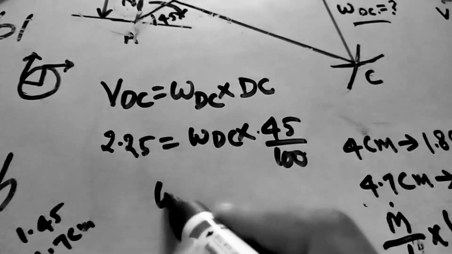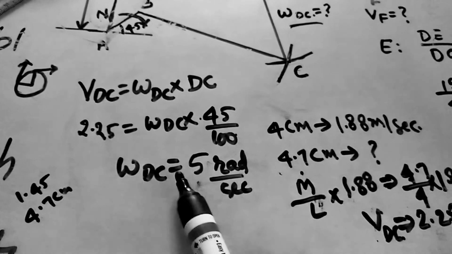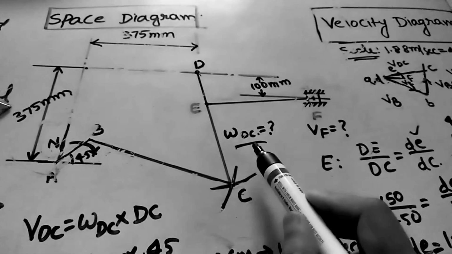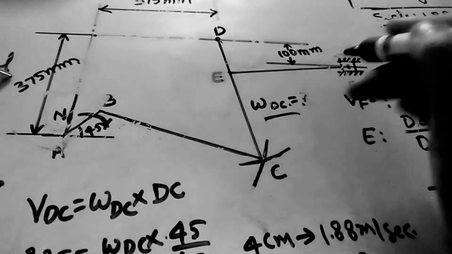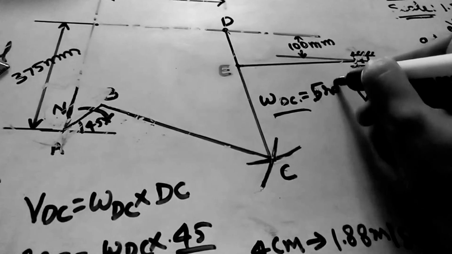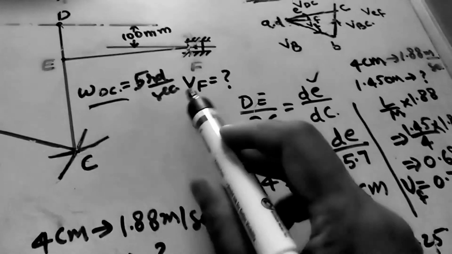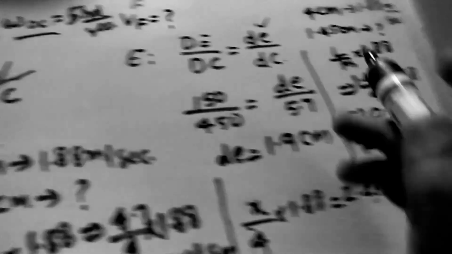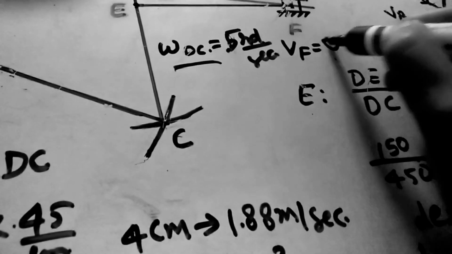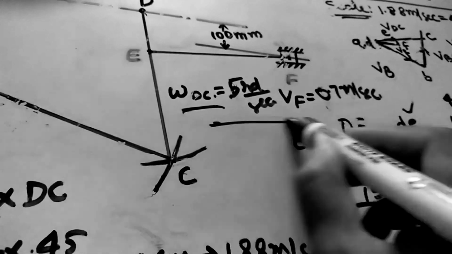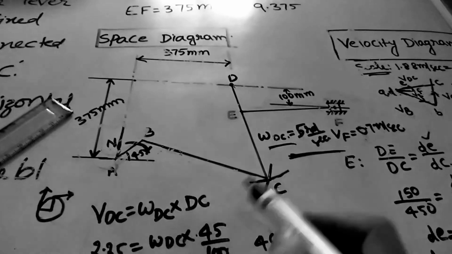Find out by using the calci. Omega DC angular velocity is 5 radians per second of DC link. Okay, so this is the 5 here, 5 radians per second. Okay, and here VF is 0.7 meter per second. So these are the required answers for the given link.